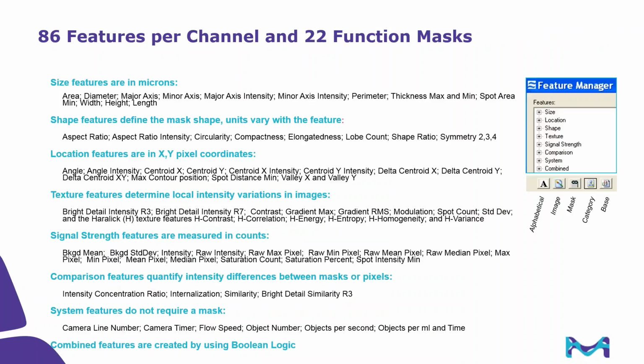So that just gives you a general idea as to how a computer algorithm can be used to measure unique morphologies. But IDEAS essentially has 86 features per channel with 22 function masks and the ability to generate user-defined features. And so there's essentially a huge feature data set that you can use to quantify any type of morphology within your experiment.